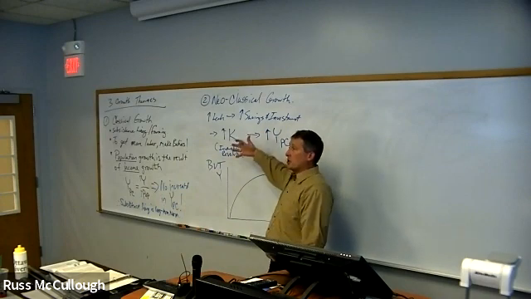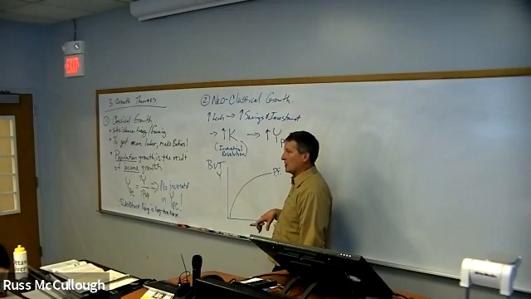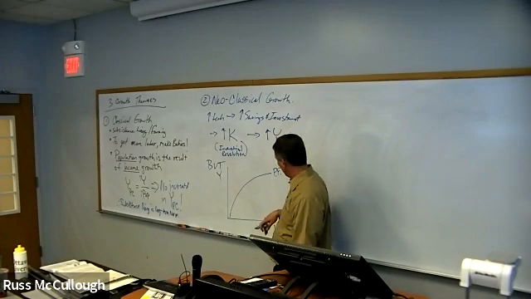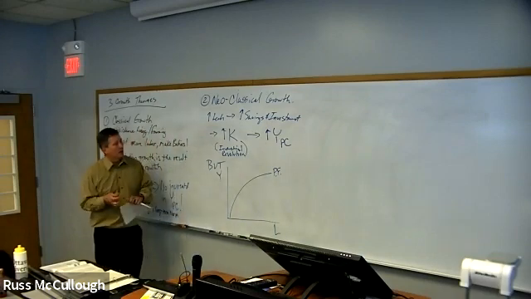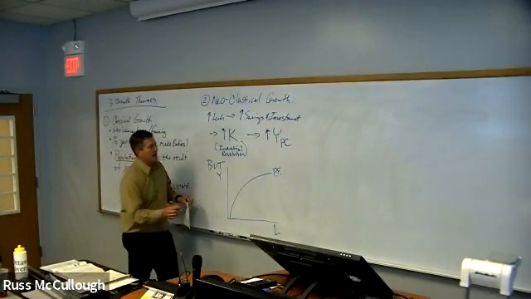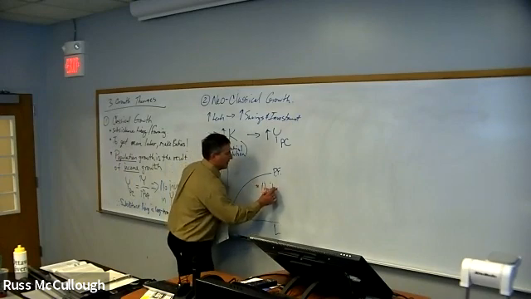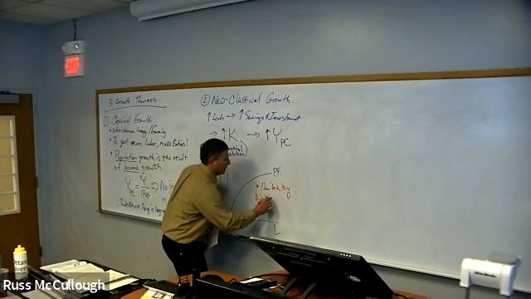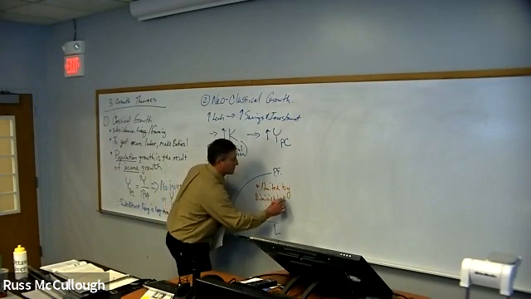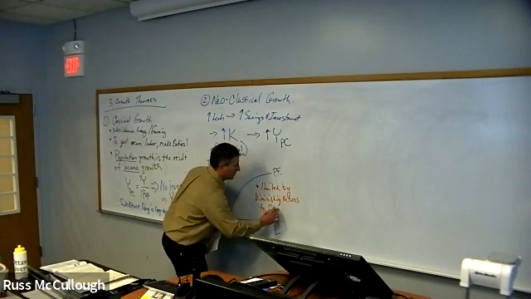By adding more machines, we still have diminishing growth. So for the classical economists, there was still a limiting factor. We're still limited by diminishing returns to capital.